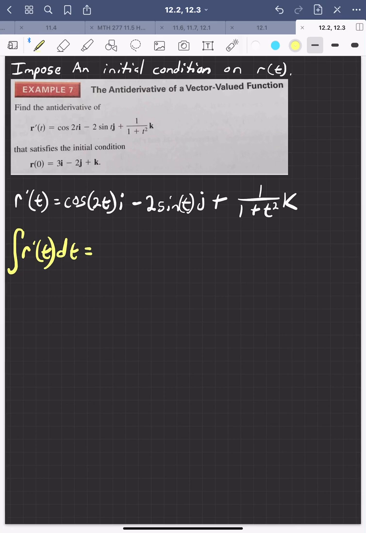So let me go ahead and do that right now. So here is our antiderivative. That's going to end up giving us, let's see here, we got cosine of 2t, so that should be 1/2 sine of 2t plus c sub 1.